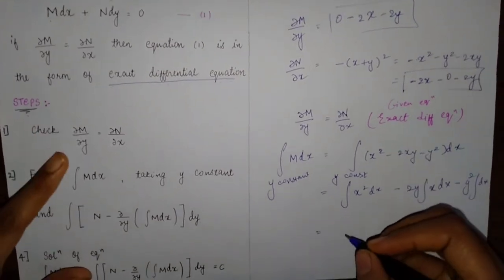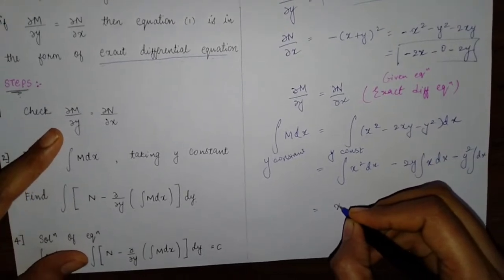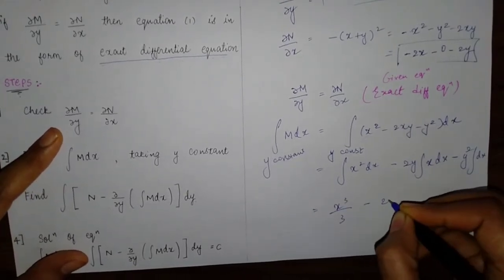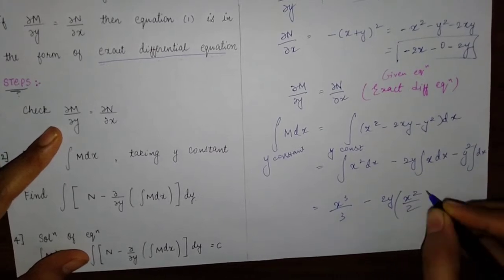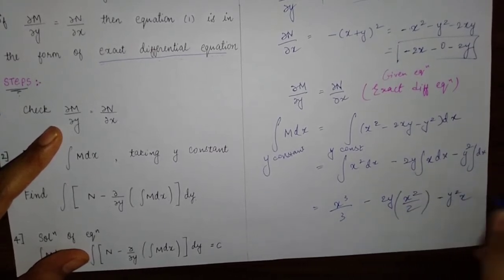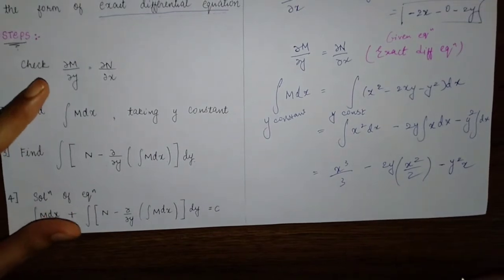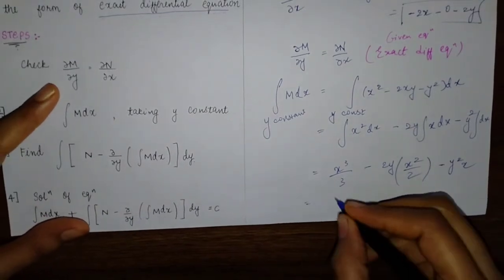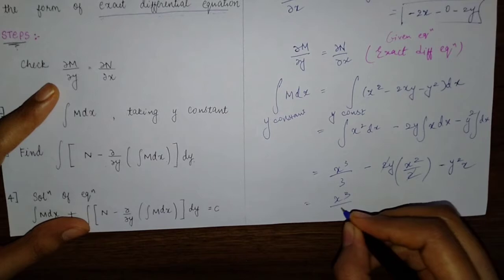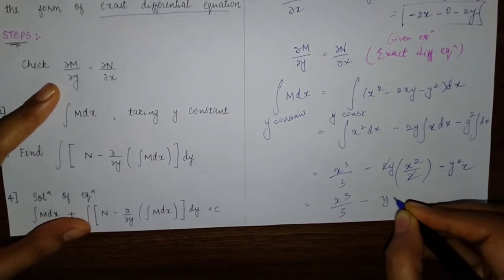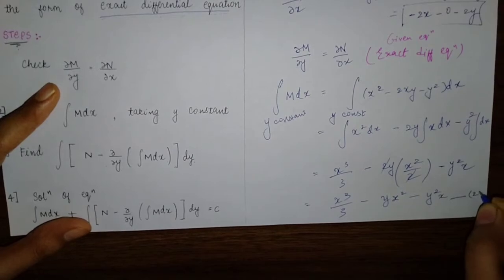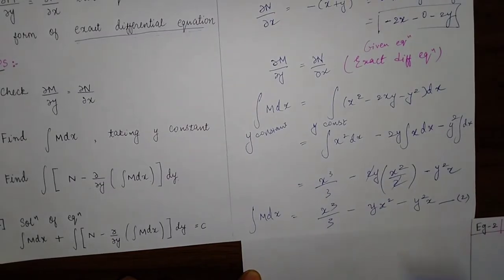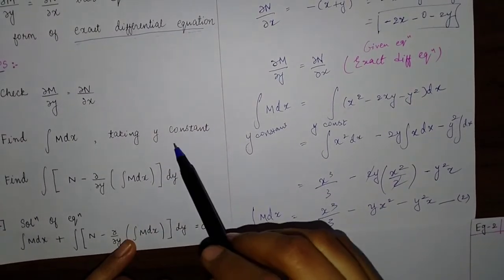So what you will get? x cube by 3 minus 2y times x square by 2 minus y square x. So finally you will get x cube by 3 minus y x square minus y square x, as the 2 and 2 get cancelled. So that is your equation number 2. We got integral M dx, so step number 2 is completed.